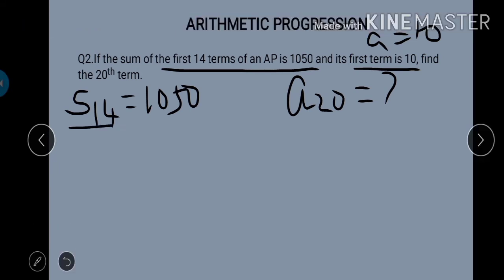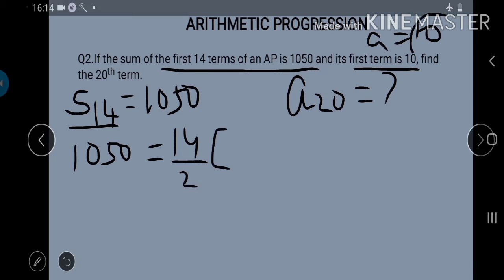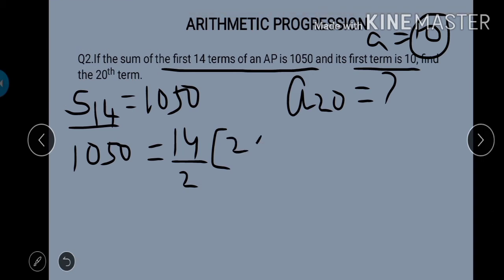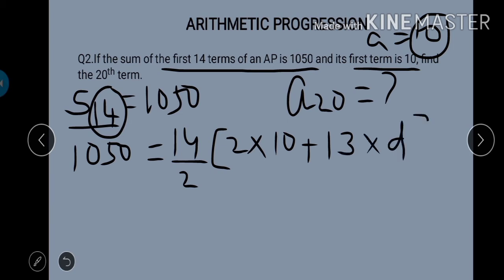Therefore, replacing in the formula, S14 is 1050, n is 14, so 14 upon 2 into (2a, where a is 10, therefore 2 into 10, plus n minus 1, that is 13, into d). That is what we have to find.